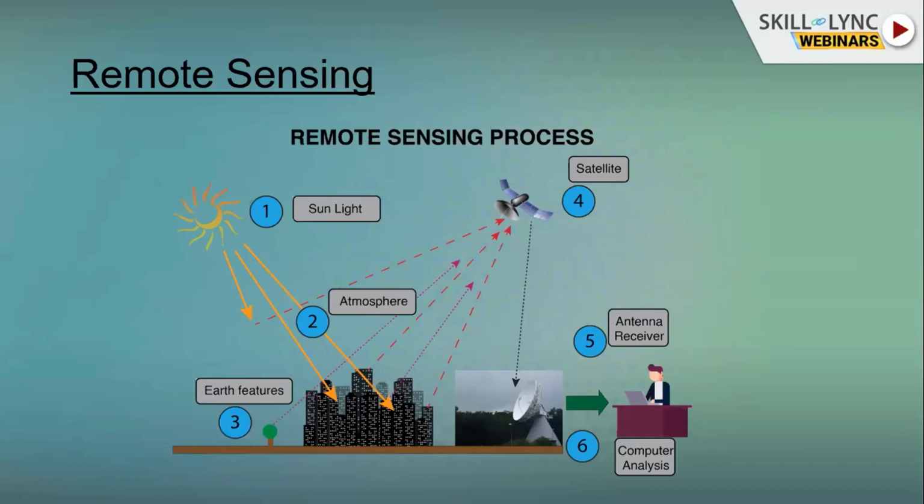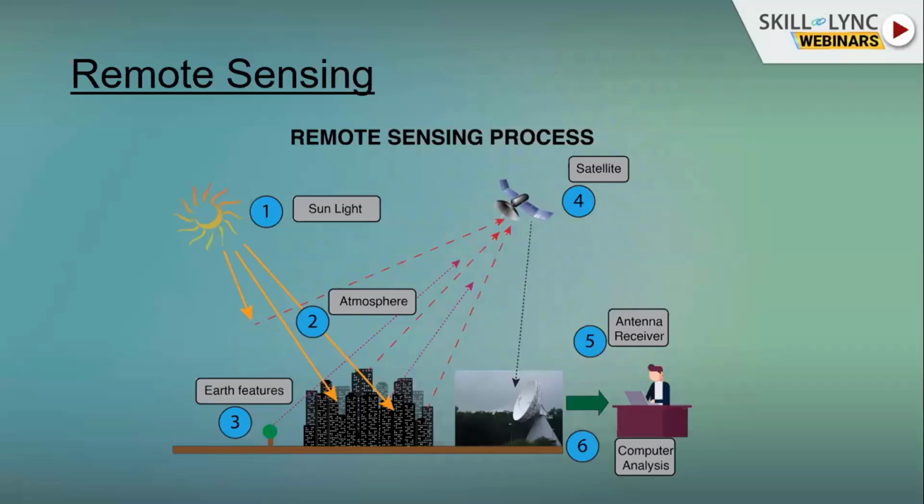So this is the slide that is shown. This shows a passive remote sensing technique. Why? Because the sun is the source of illumination. So we have sunlight, we have atmosphere. Sunlight is interacting with the atmosphere. Then it is coming to the earth's surface, and then it is getting reflected back to the satellite or the cameras that are mounted above the earth's surface.